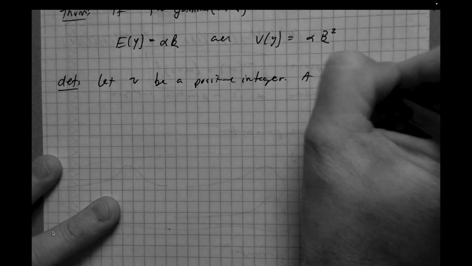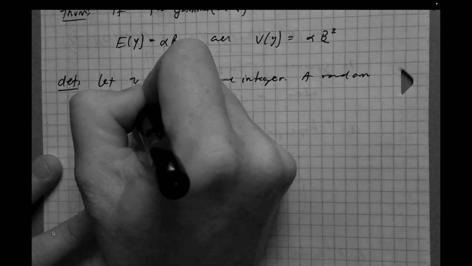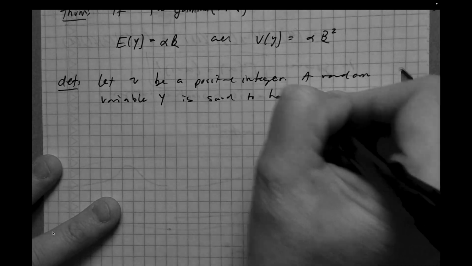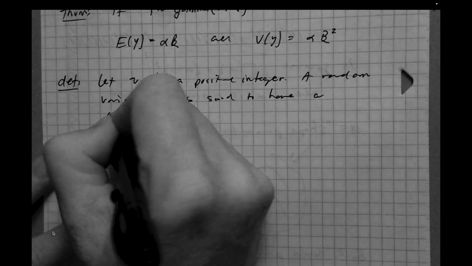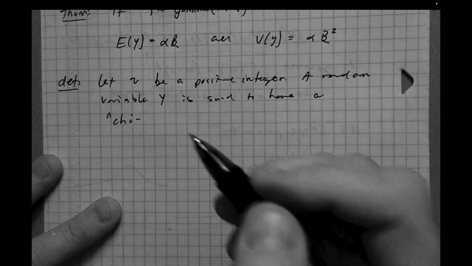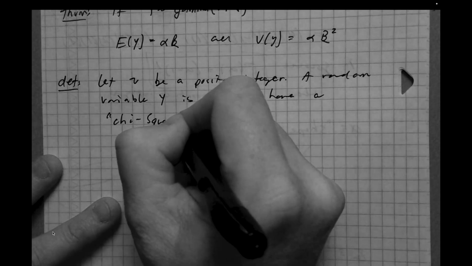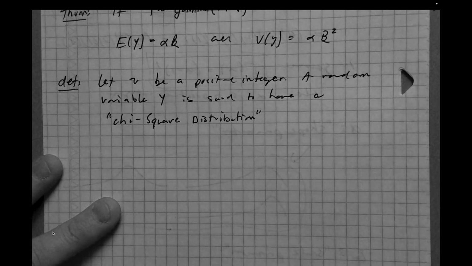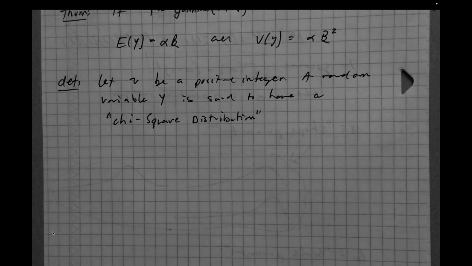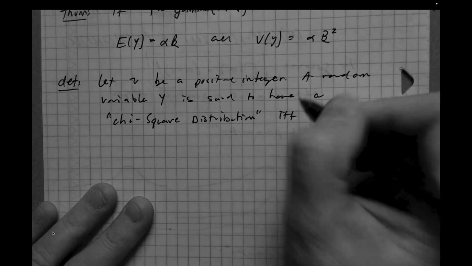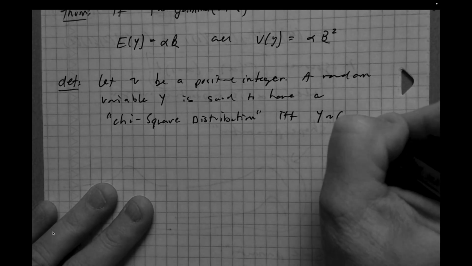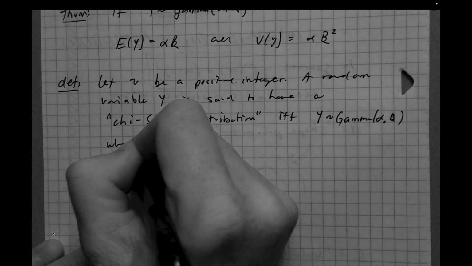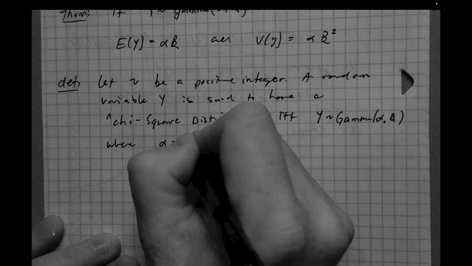Then a random variable y is said to have a chi-square distribution if and only if y is gamma alpha beta, where alpha is equal to nu over 2.